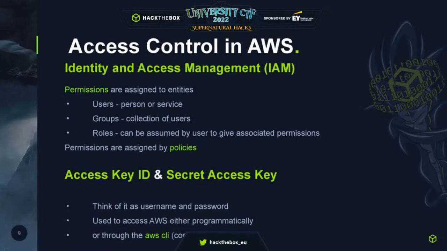There is also the access key ID and the secret access key. You can think of it as a username and a password, while they are not exactly that. There are 3 ways that you can connect to the Amazon Web Services. The first one is through a web portal, a web login.